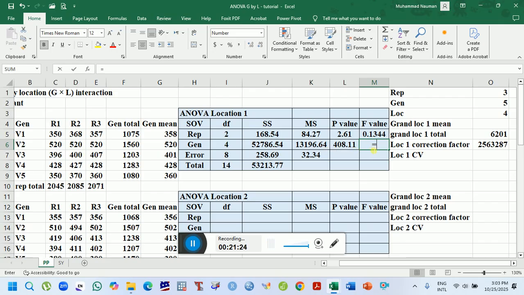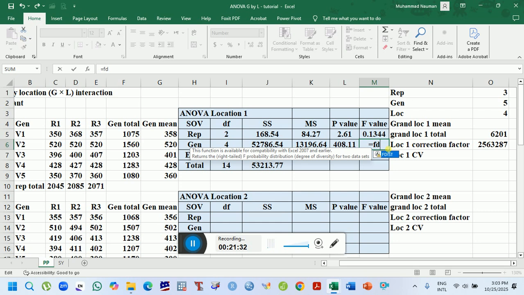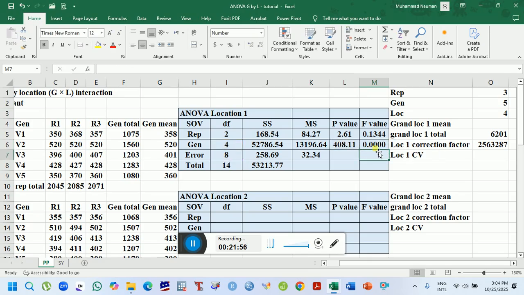That is equal to FDIST, double click on F distribution, select the genotype p value, comma, genotype degree of freedom, comma, and error degree of freedom. Press enter. The result shows that the genotype is significant. The differences among the genotypes are significant.